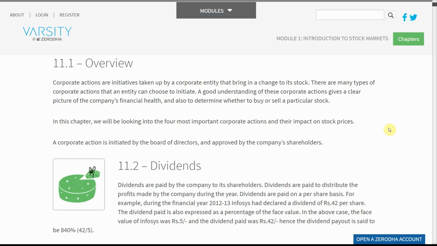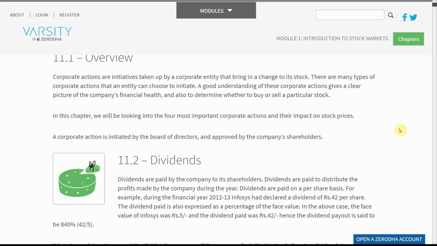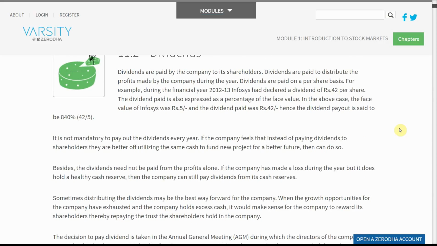The dividend paid is also expressed as a percentage of the face value. In the above case, the face value of Infosys was 5 rupees per share and the dividend paid was 42 rupees per share, hence the dividend payout is said to be 840%, 42/5.